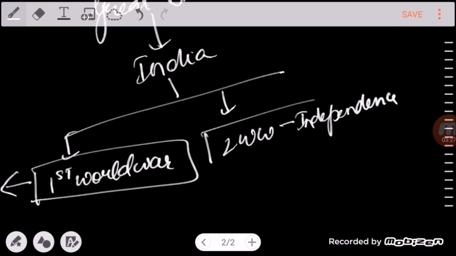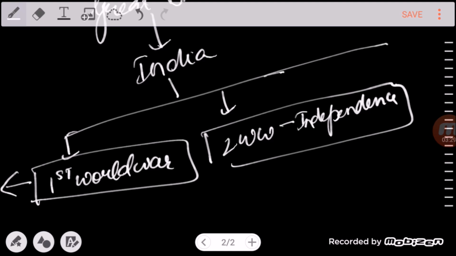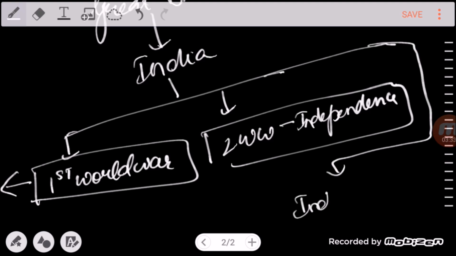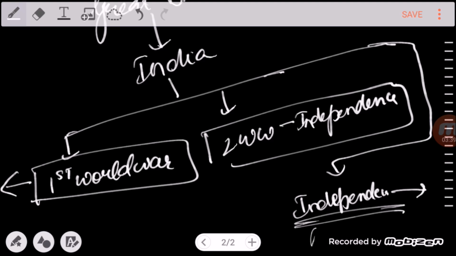And the third category is from independence till now, which is called post-independence.